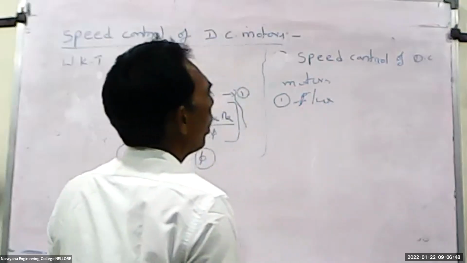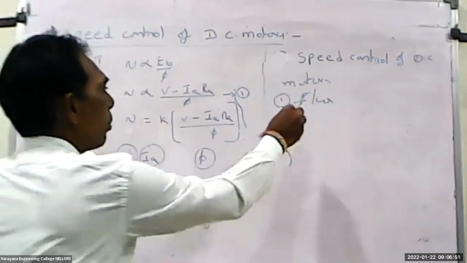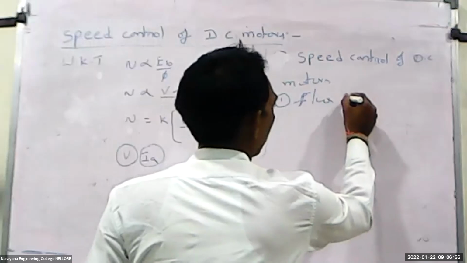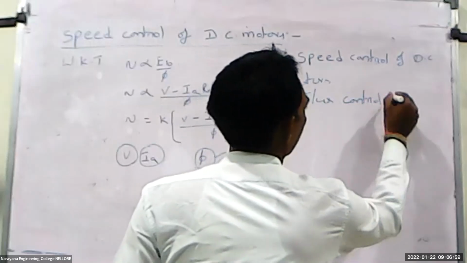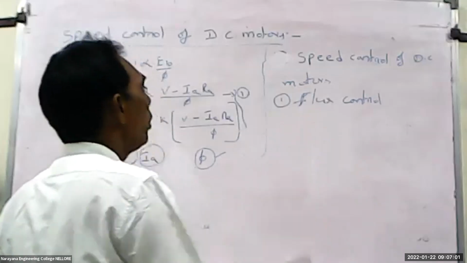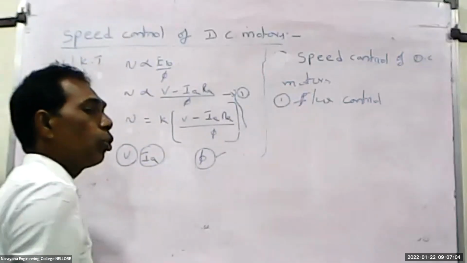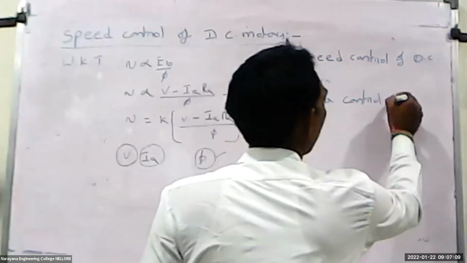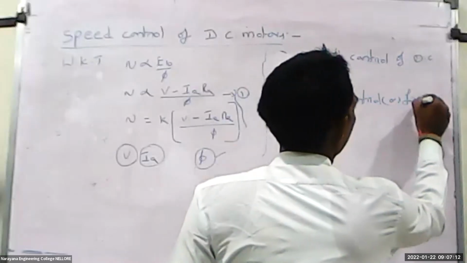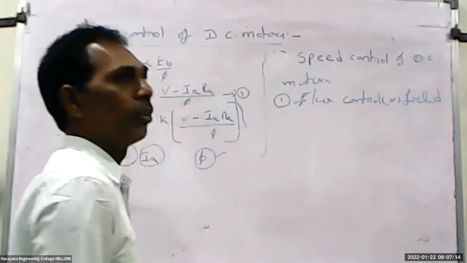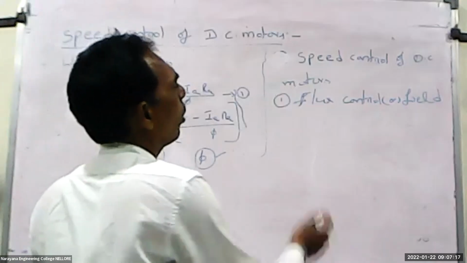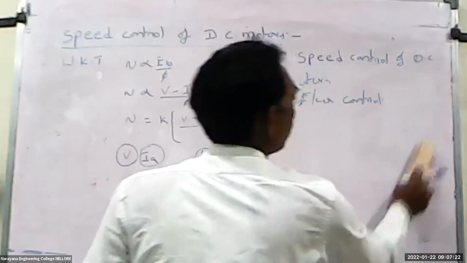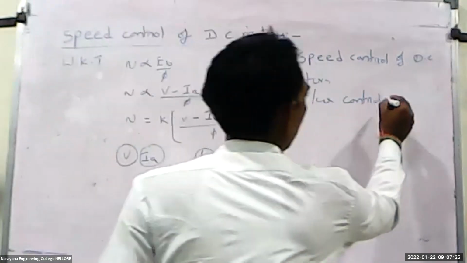That means the speed of the DC motor is varied by using flux. It is called the flux control method. Flux is produced due to the field current, so it is also called the field control method. Generally, we represent it as flux control method.